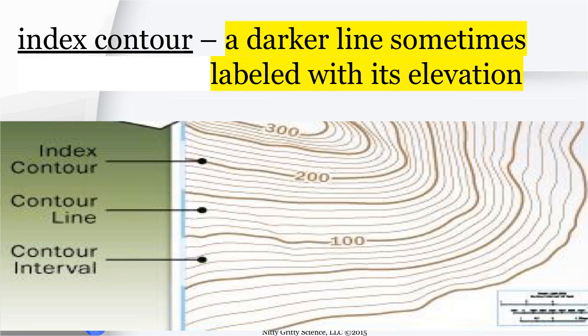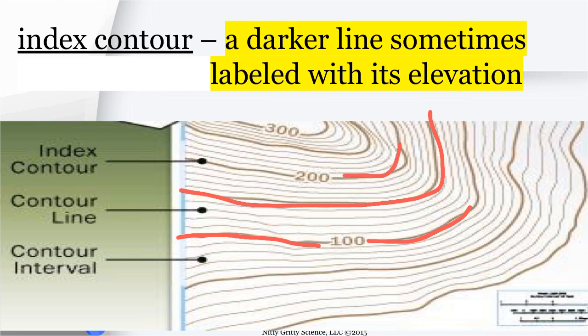A lot of maps will also have index contours. An index contour is a darker line that sometimes is labeled with its elevation, but not all the time. For example, on this map, the 100-foot index contour is labeled with the elevation. The 150-foot index contour is not.